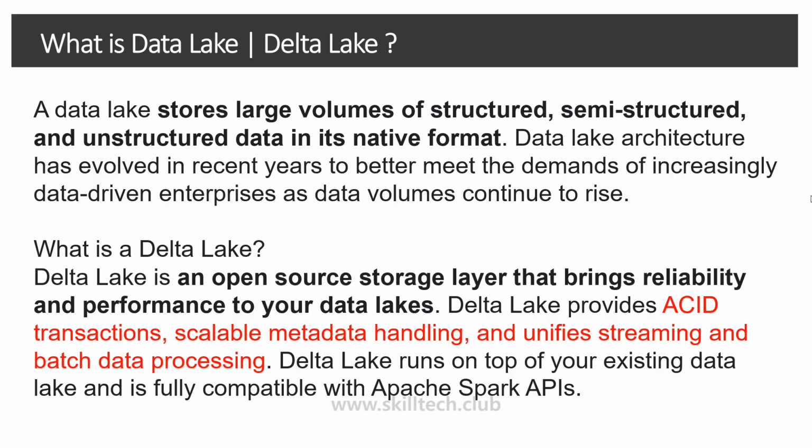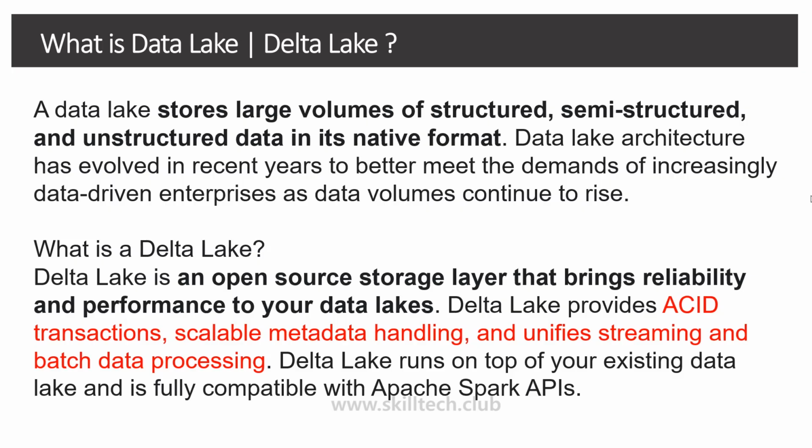So what is this? Well, the delta lake is an open source storage layer that brings reliability and performance to your existing data lakes. Why and how it brings reliability and performance, and why it is required, is what we are going to focus on right now. They say Delta Lake provides ACID transactions, scalable metadata handling, and unified streaming and batch data processing. Now all these things are obviously missing in the normal data lake.